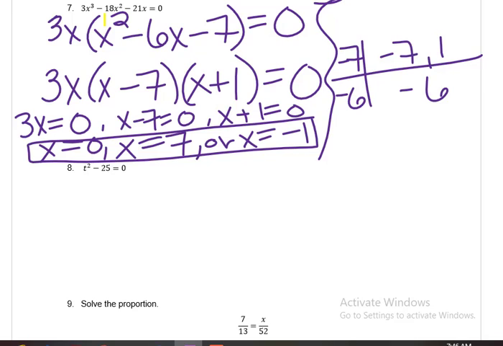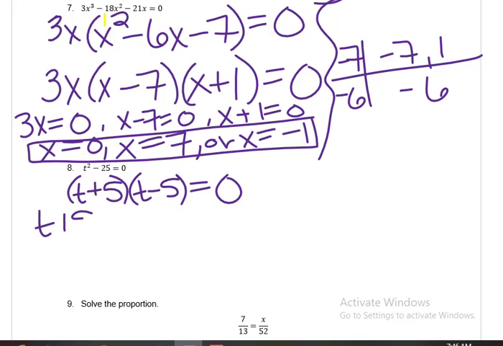Number 8. t squared minus 25 is equal to 0. The equation is equal to 0, and it's a difference of two squares. So I can put in here t plus 5, t minus 5, set each of these binomials equal to 0, and solve each equation.